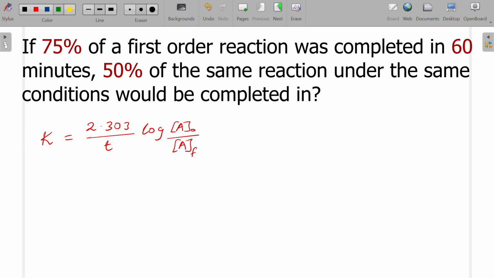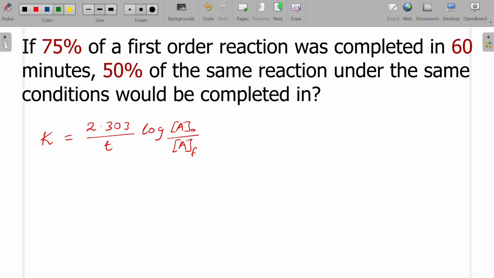Now we're given two conditions here. We have the first one that is talking about 75% being used, and that is used in 60 minutes. And then we have another that is talking about 50%, and we are looking for the time it will take for that to be used or completed. So let's start with the 75% one.